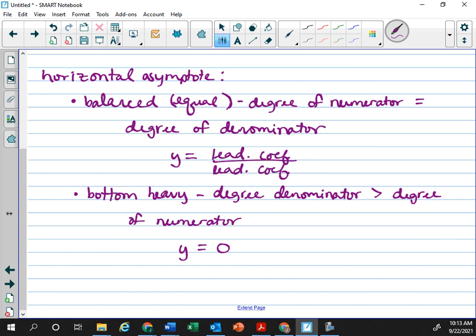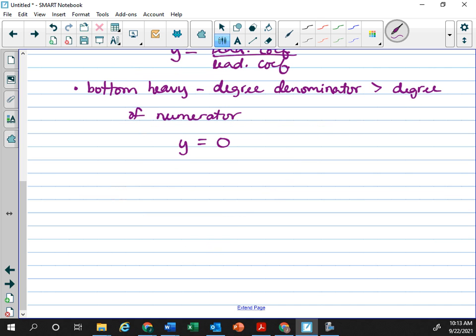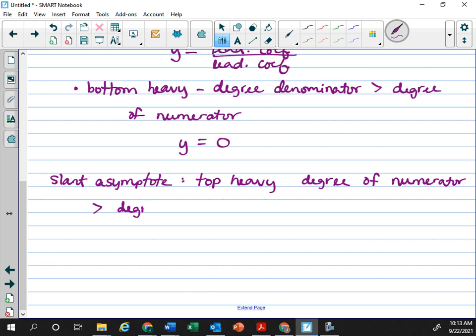So we've done equal degree, bigger degree on the denominator. The other option is the bigger degree on the numerator. Technically, that's not a horizontal asymptote. It's called a slant asymptote. So again, that's top heavy. So that's degree of numerator is greater than degree of denominator.